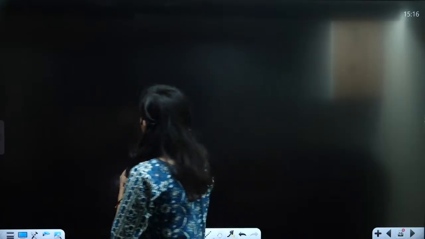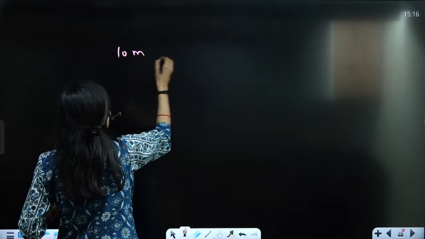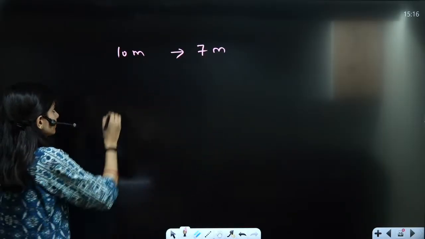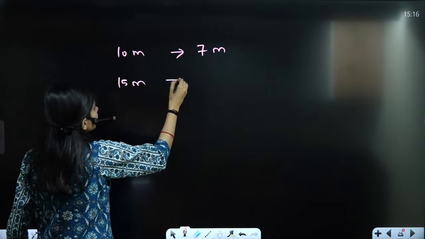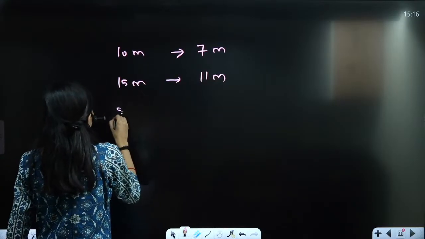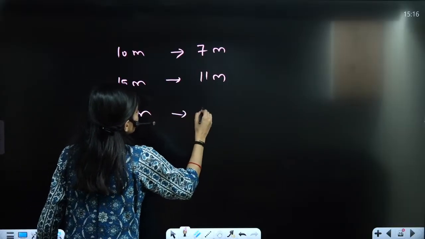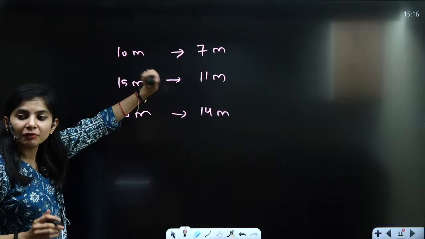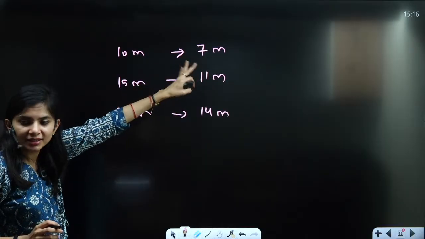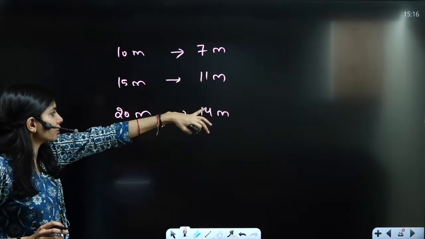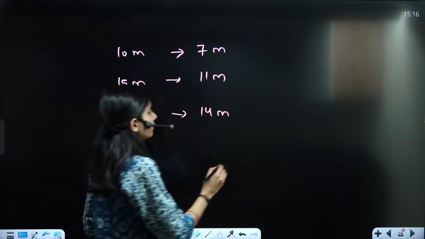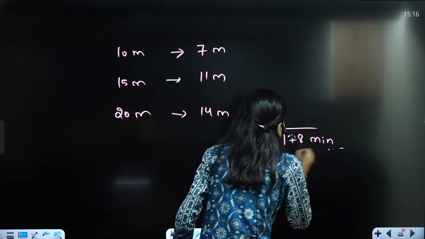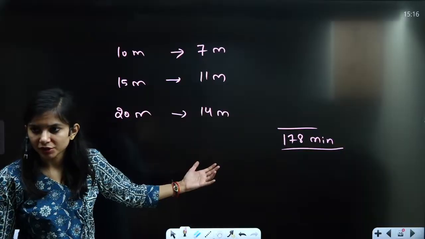Fine. Now a 10 marker question should be written only within 7 minutes, a 15 marker question within 11 minutes, and a 20 marker question within 14 minutes. If I compare it with the number of questions, like 70 minutes here, 66 minutes here, and 42 minutes here, on average I would have 178 minutes to write these questions.